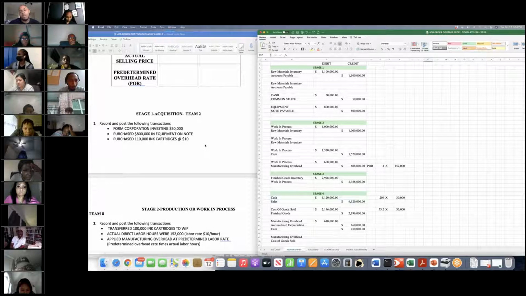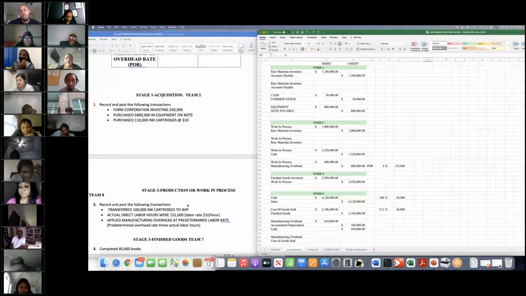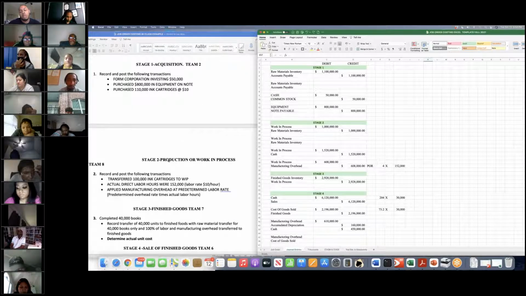Then we went to stage 2, where we transferred raw materials in. It said transfer in 100,000 ink cartridges, 100,000 times 10. We paid the workers, they worked 152,000 hours. We paid them $10, $1,520,000.